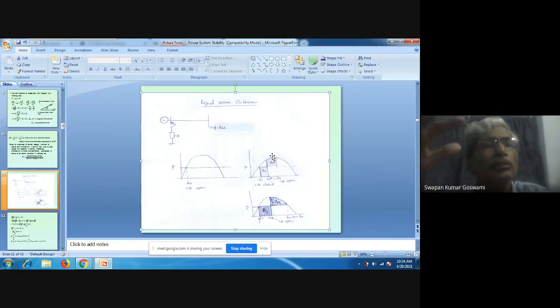So there is no other oscillations, no other change in speed. So if the generator delta increases and then starts decreasing, then you can say that this is an indication that the system will become stable because we have investigated the first swing.